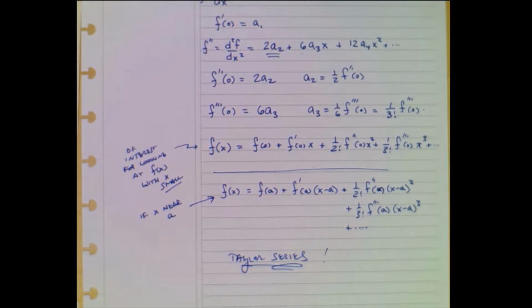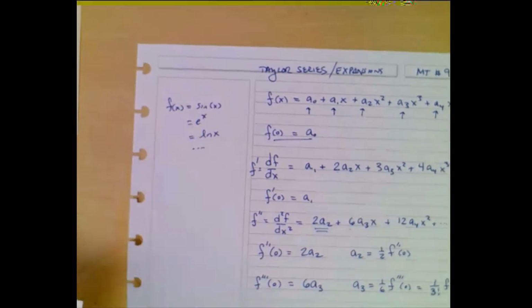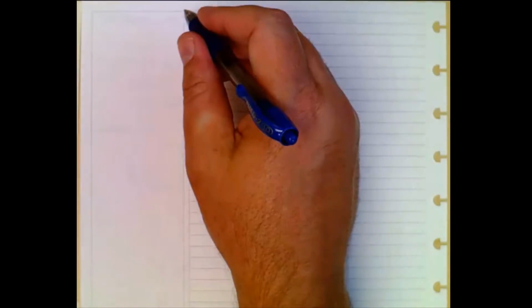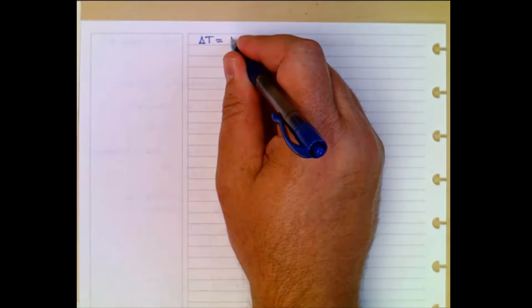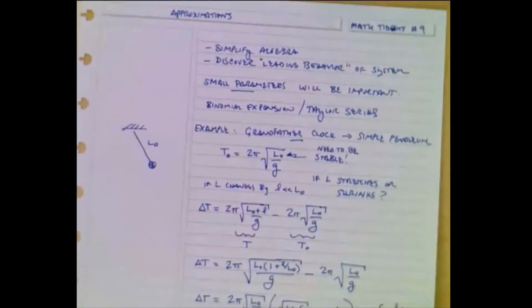So now I want to go back to our problem and remind ourselves of what we're trying to do. We're trying to deal with delta t equals, call that t naught because that's what it is.